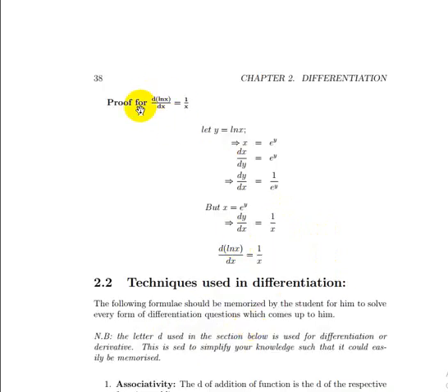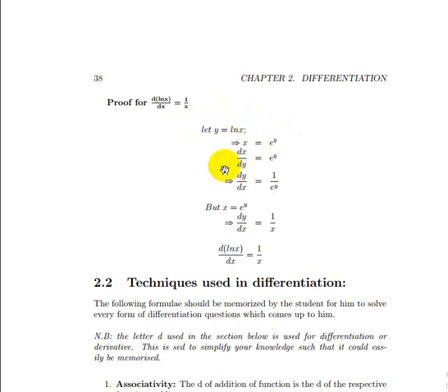Now let's prove that the differentiation of ln of x equals 1 over x. We first start by saying let y equals ln of x. Now from the law of logarithms, this implies that x is equal to exponential of y.